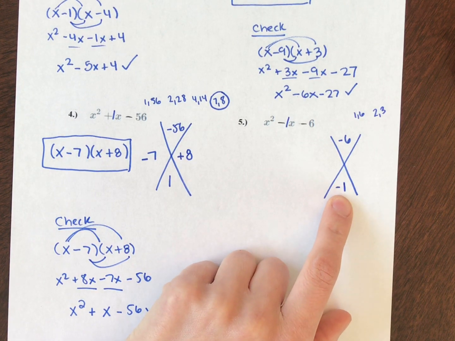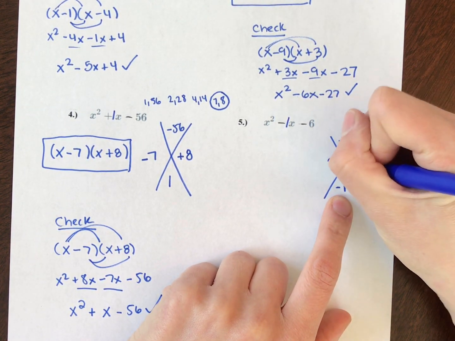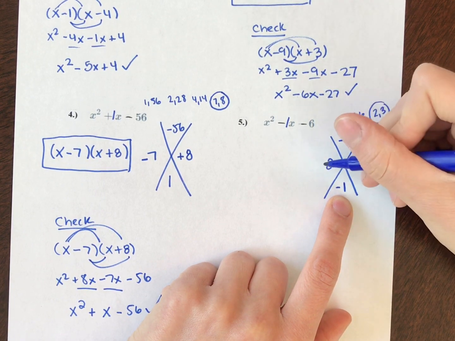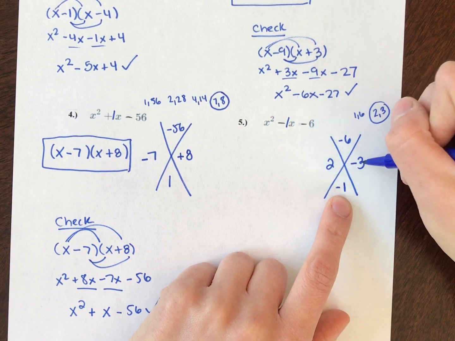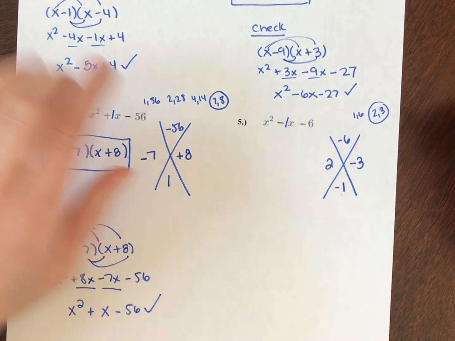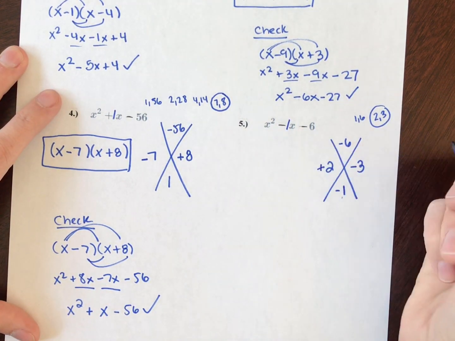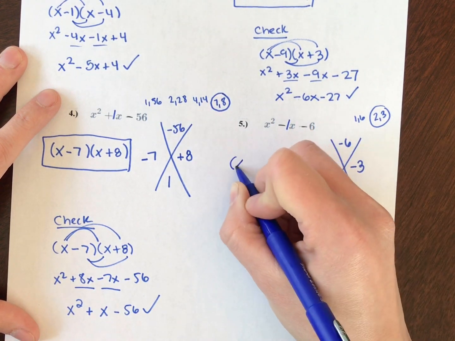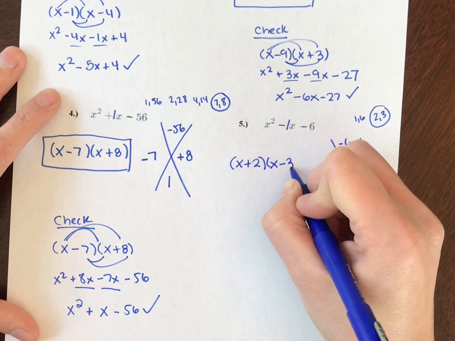But if I need to get a -1, the 2 and the 3 are the only ones that are going to get that. So if I have a 2 and a 3, one of them needs to be negative. So the only way that's going to work is if 3 is negative. 2 plus a -3 gives me a -1. And again, if you need to put a plus there to make sure you remember that's what you're plugging in, do that. And this factors to x plus 2 times x minus 3.